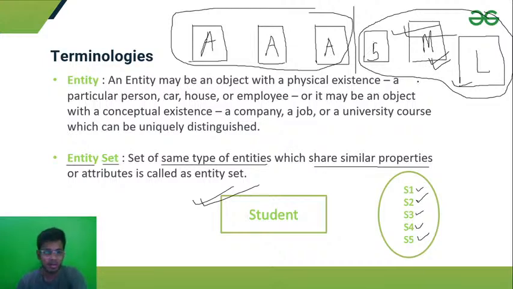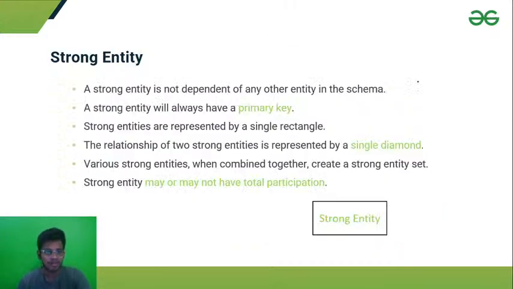Then moving to the next topic, the types of entities. The first one is the strong entity. So, what is a strong entity? As it is written, it is not dependent on any other entity in the schema, right?